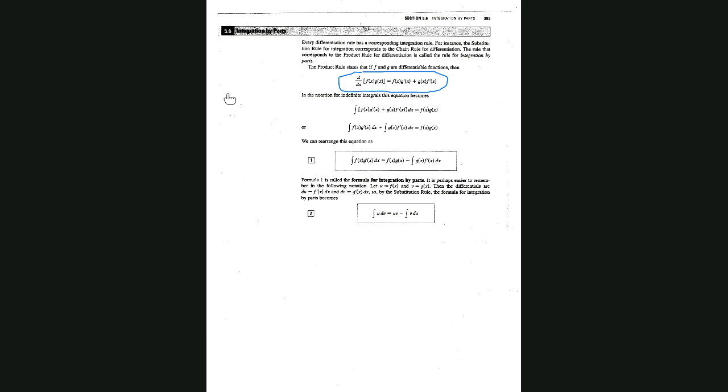The derivative of f times g, as you know, is f times g prime plus g times f prime. How many remember the product rule from Calculus 1? Okay, excellent. Well, we can take advantage of the product rule.